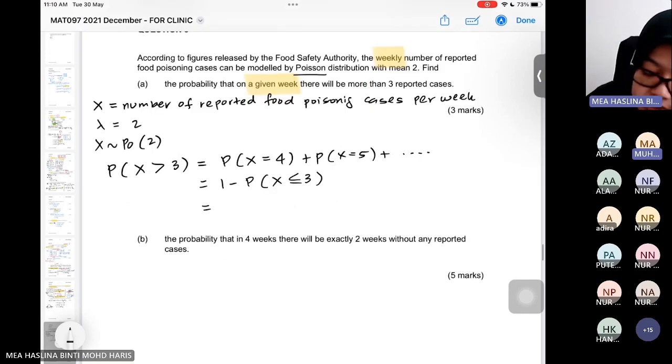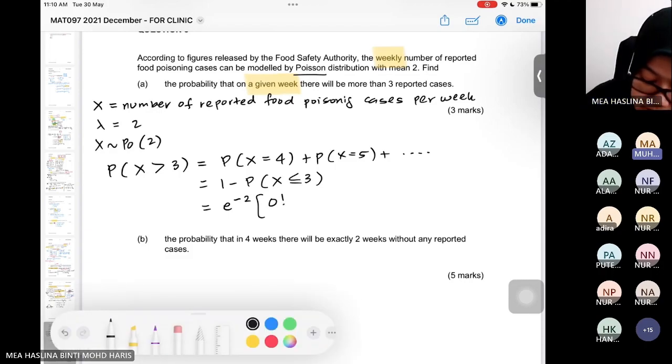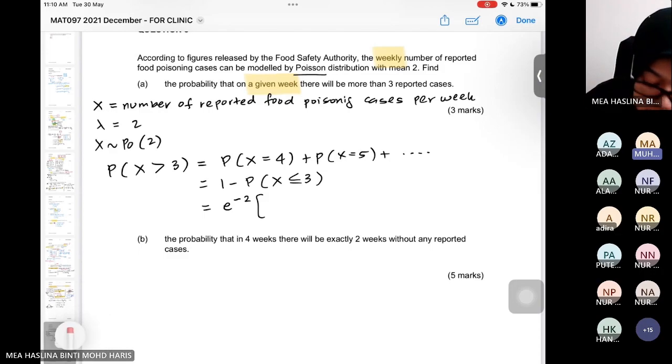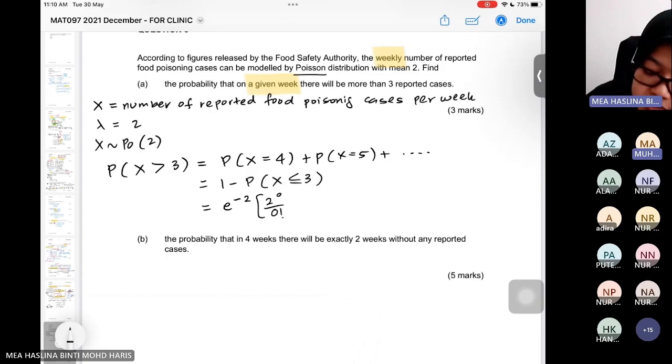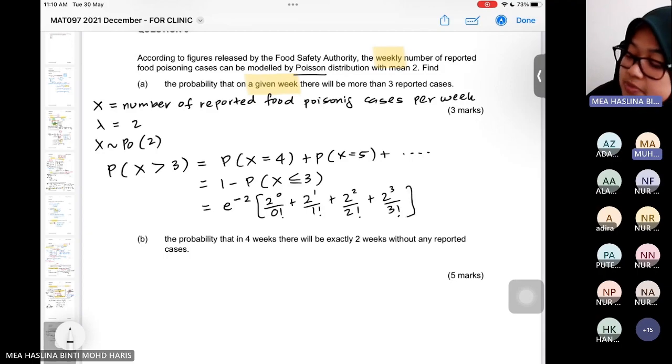So that will be e to the power of negative lambda, e to the power of negative 2, times 2 to the power of 0 over 0 factorial plus 2 to the power of 1 over 1 factorial plus 2 to the power of 2 over 2 factorial plus 2 to the power of 3 over 3 factorial.